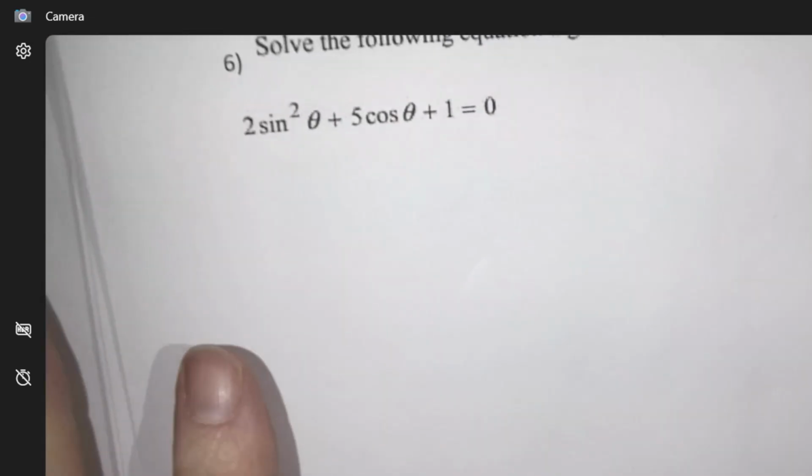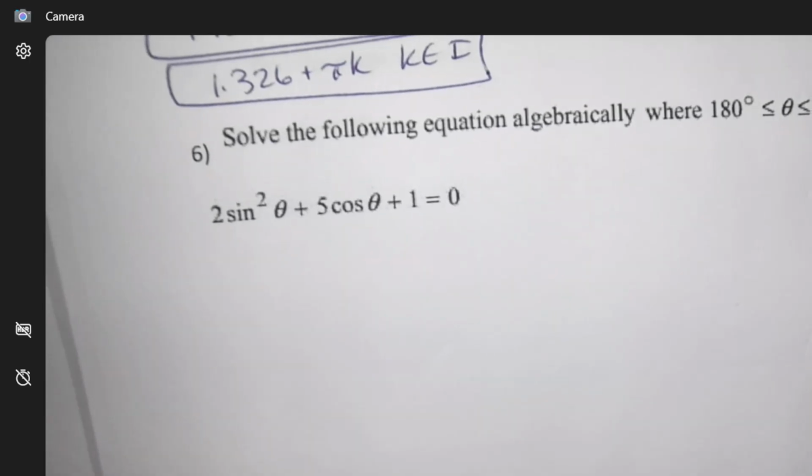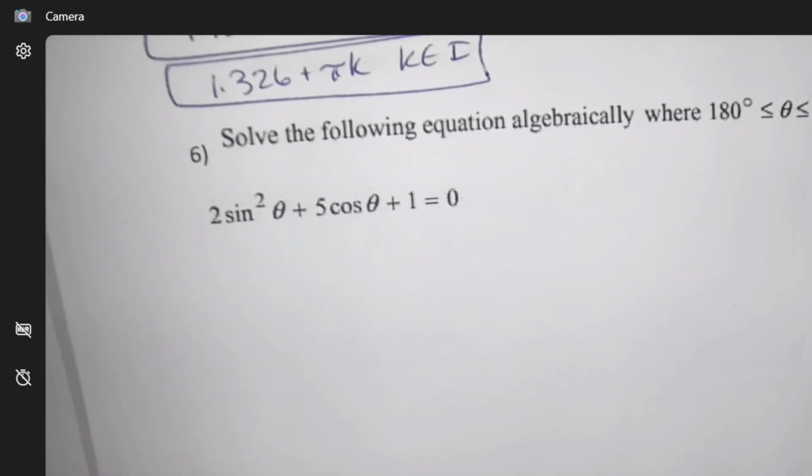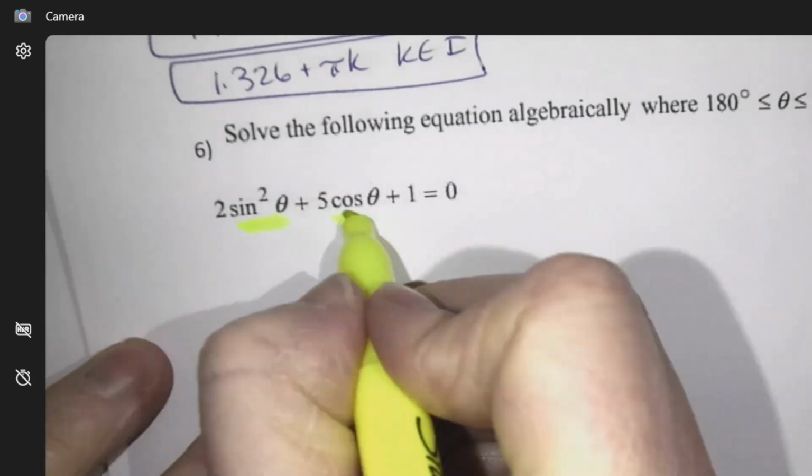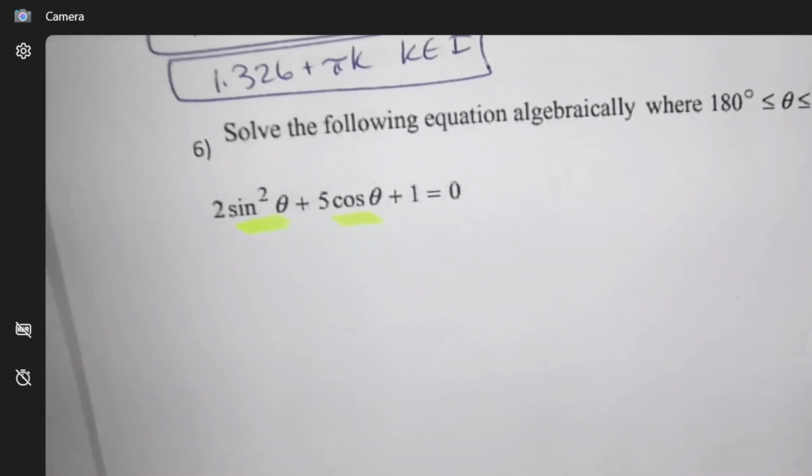Okay, number 6. Please look at the question and tell me what's the problem here. There's something I can't really do right now. I have 2 things going on. This is a sine thing and this is a cos thing. That doesn't really work out for us. We can't have a bunch of different variables like that.